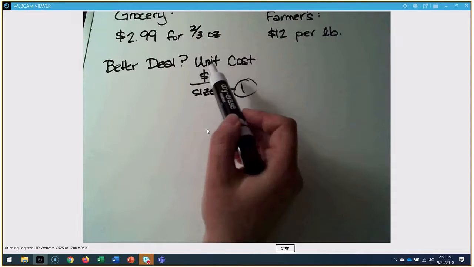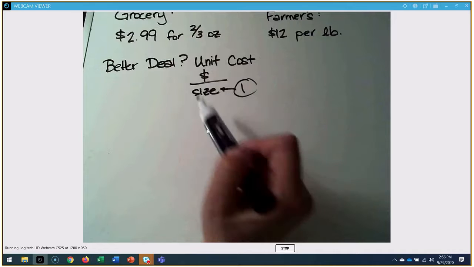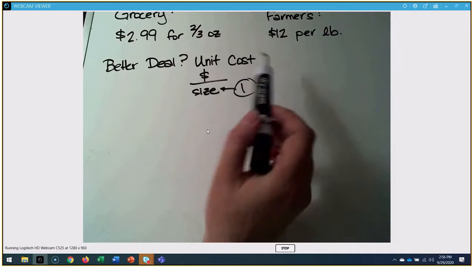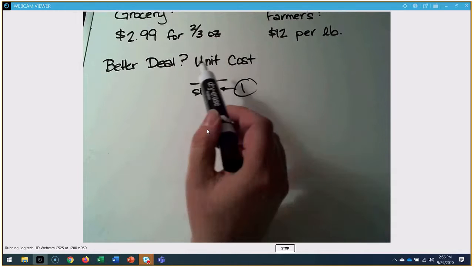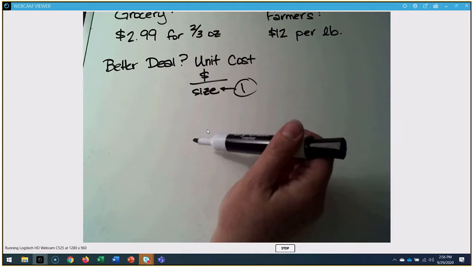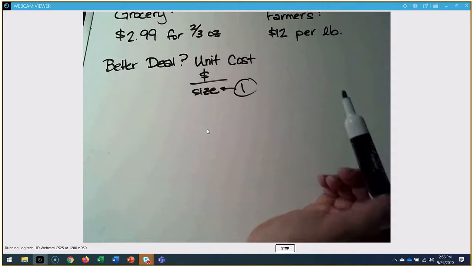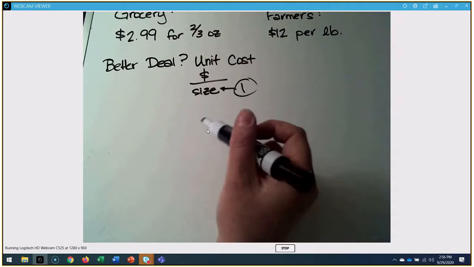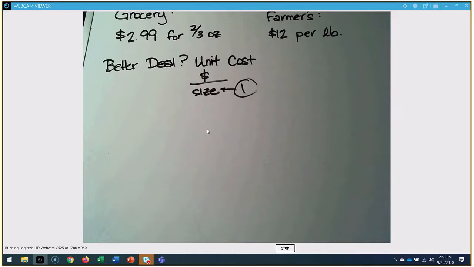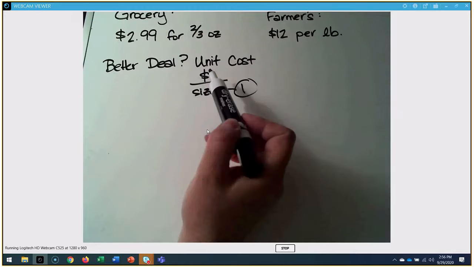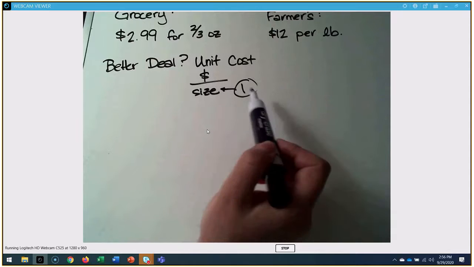So it'll be like cost per 1 pound, cost per 1 ounce, cost per 1 anything. Whatever the price is divided by the size, and it has to be per 1.